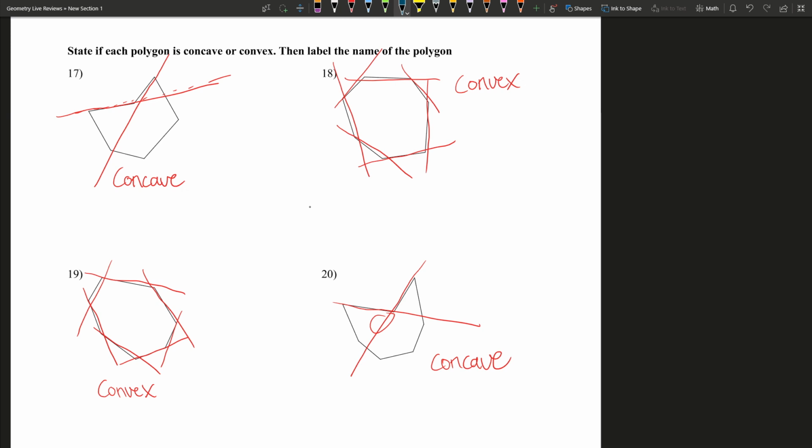After you do that, you count the sides and then give it a name. All right, so 17 has 1, 2, 3, 4, 5, 6. So this is a concave hexagon.